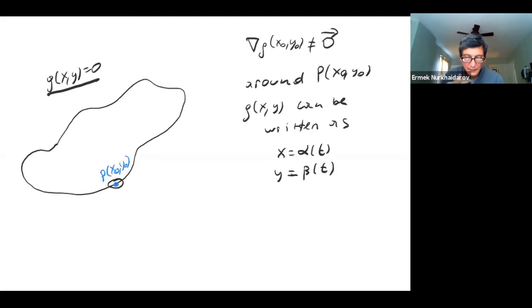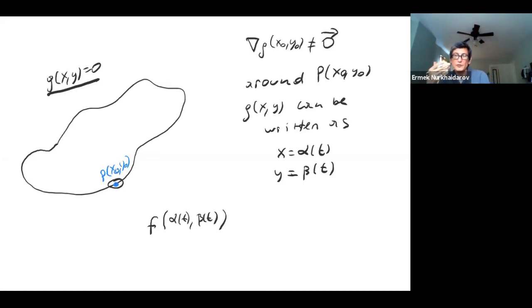Now let's have a look at what's going on with our function f. If I take function f and look at points x and y, because my points x and y should be coming from that curve, they should be x equals alpha of t, y equals beta of t.